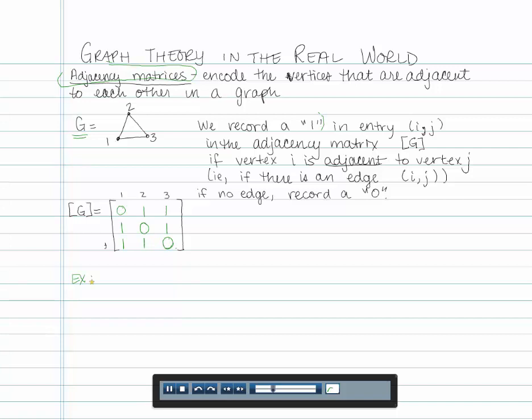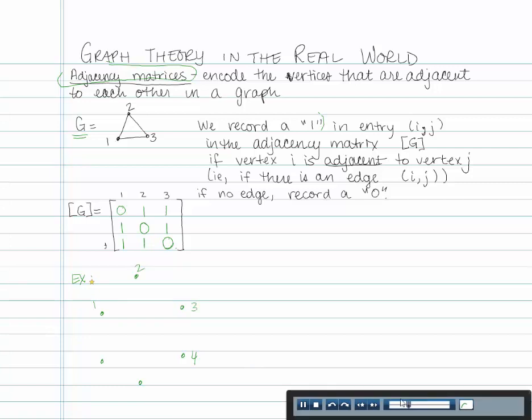So we're going to consider now the graph that looks like this. We're going to have vertices 1, 2, 3, 4, 5, 6. We could also use letters, it's just going to be simple for art.